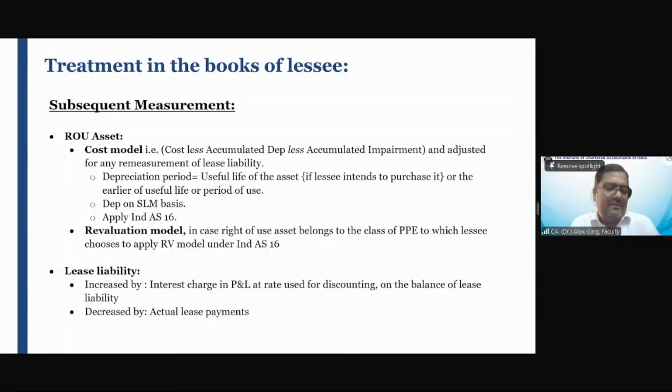Understood your question. For example, the lessee has taken a printer on a lease basis for a period of 3 years, right? Yes, sir. So initially, the lessee wants to use that asset, right? And the lessee has used that asset for 1 year. So for the first year, the lessee has availed the low value lease exemption, and whatever amount is payable in the first year, the lessee has debited rent and credited bank, right?